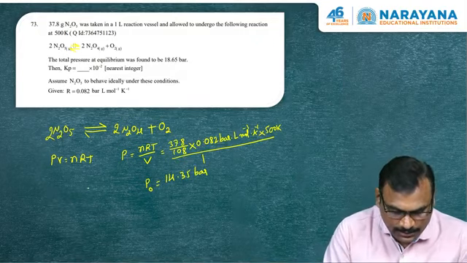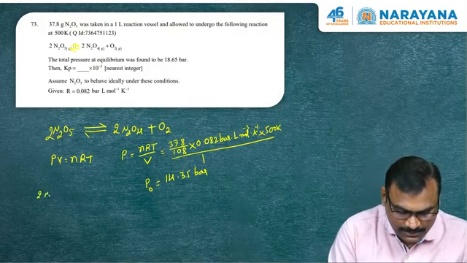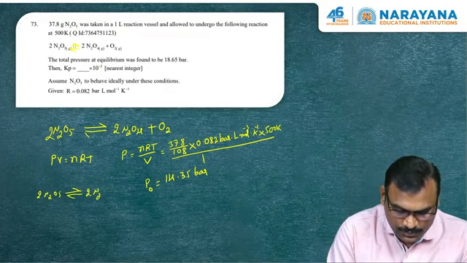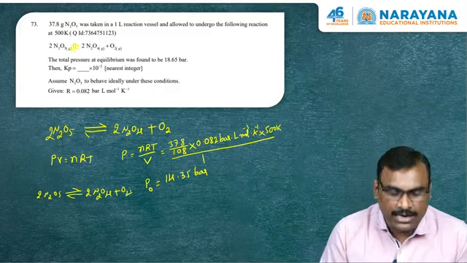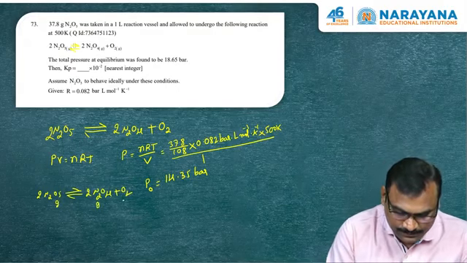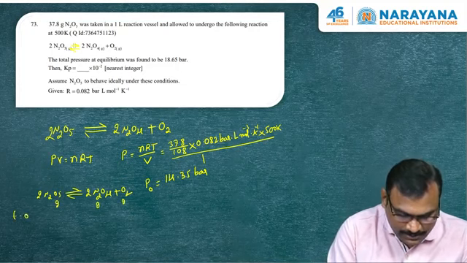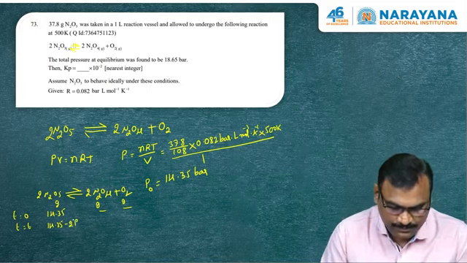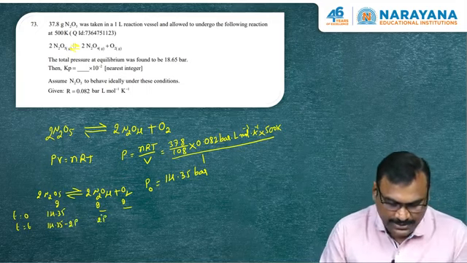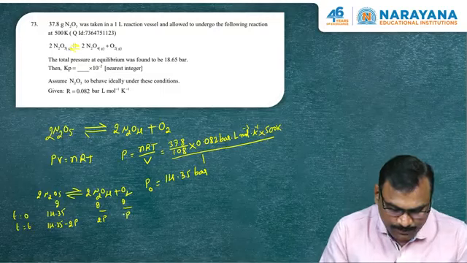Now, according to the given question, 2N2O5 gives 2N2O4 plus O2, all of them are gases. At time equal to 0, the initial pressure is 14.35. After a time of t, it is 14.35 minus 2p, and for O2 it becomes p.